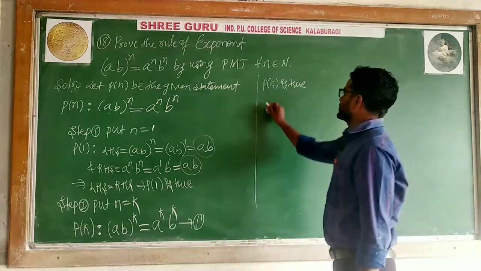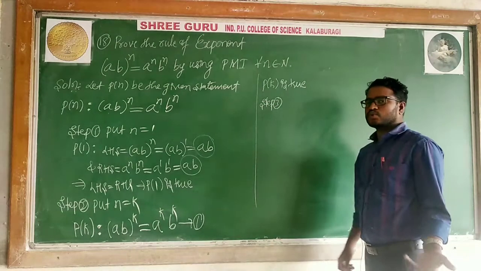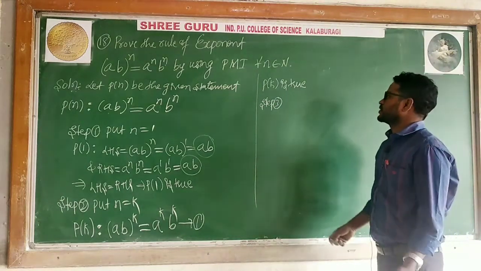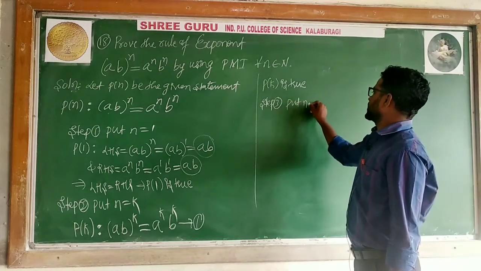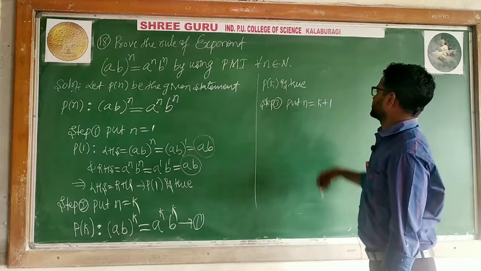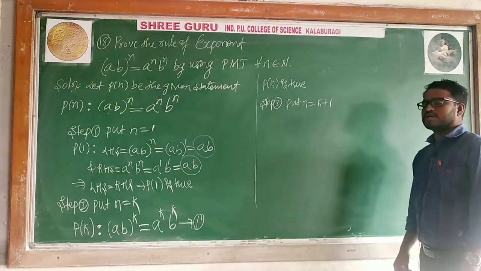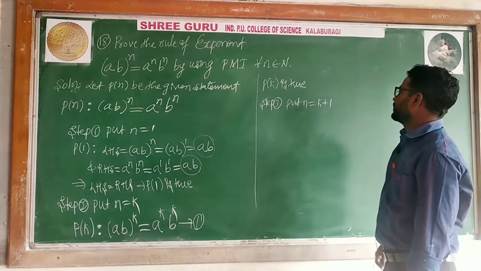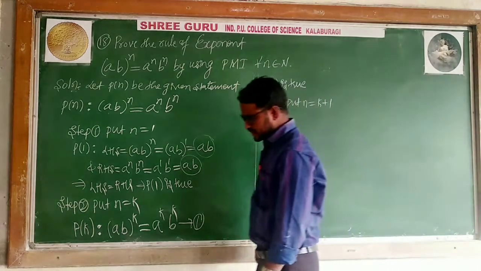Now step 3. In this case I am not saying to prove; we have to substitute, or you can say I will put directly. Put n is equal to k plus 1 in the given statement. To prove P of k plus 1 is true, put n is equal to k plus 1. I think this is very simple.